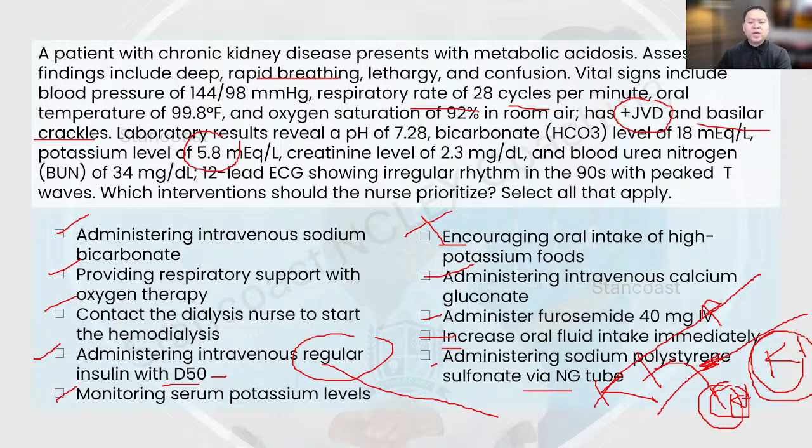But why do we need to administer Kayexalate? For what reason? Well, Kayexalate is a medication that will cause an exchange between the sodium and the potassium in the gut. It will pull all those excess potassium from the vascular system in exchange for the sodium, since we are giving sodium polystyrene.